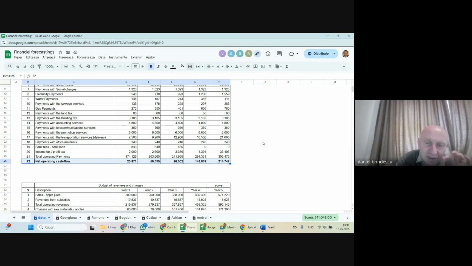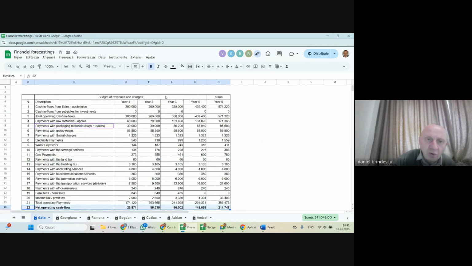So the net operating cash flow. And this is no longer a budget of revenues and charges. Well, the changes were not that great, but it's not a budget of revenues and charges, it's a cash flow statement.